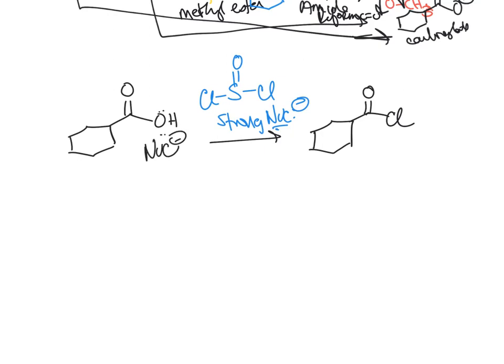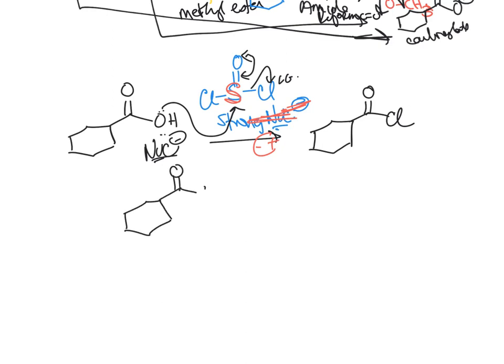This is your electrophile, and this is your nucleophile. What happens is these lone pairs will attack here. The electrons go up to the carbonyl, reform, and this becomes your leaving group. So what you've made here is what we call an activated ester.